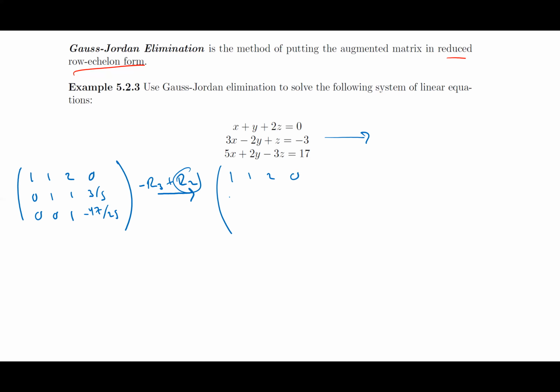And then I'm changing row 2. So we've got 0, 1, and then -1 plus 1 is 0. And then what do we get for, right, 47/25 plus 15, there we get our 62/25.